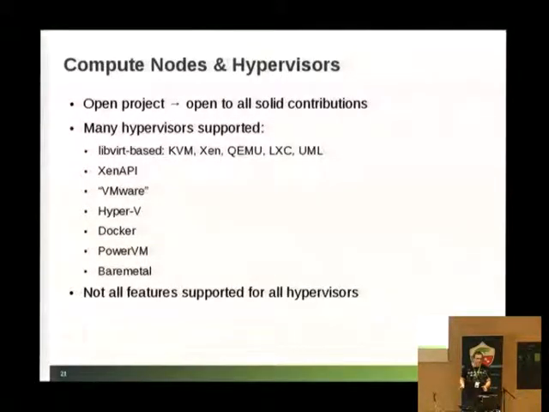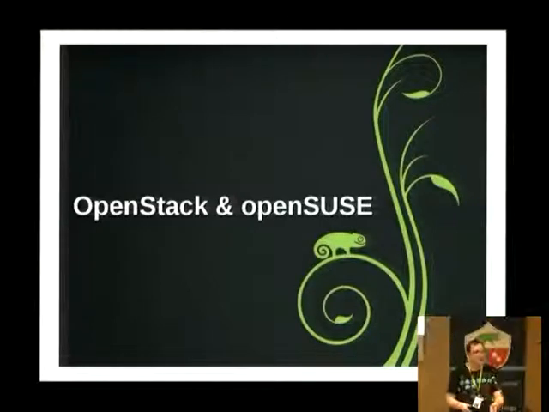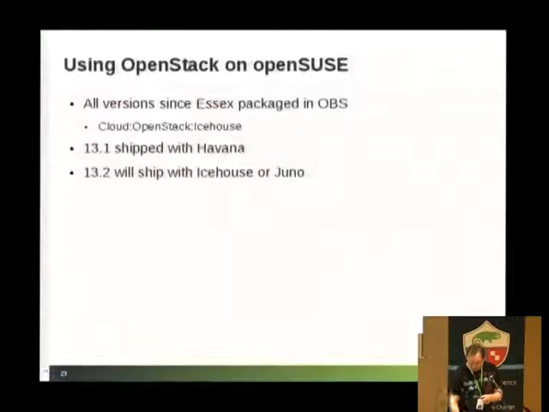So I could give more details about the technical bits of OpenStack, but I also wanted to talk about OpenStack and openSUSE. I'll switch here, but if you have questions about OpenStack in general, we can go back to that. So, OpenStack and openSUSE: there's been a small team working on that for a year and a half, 2 years.